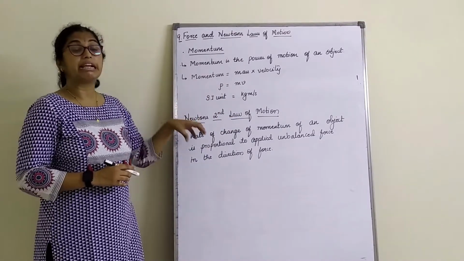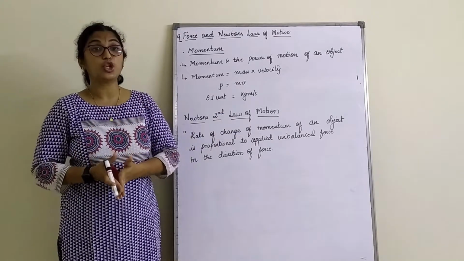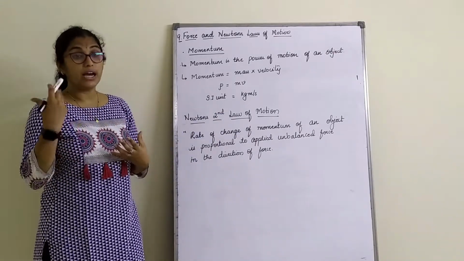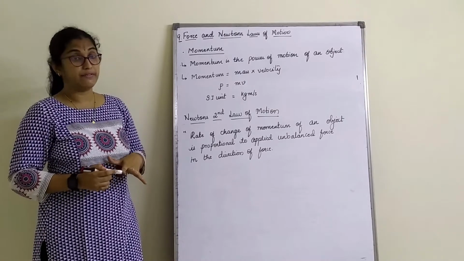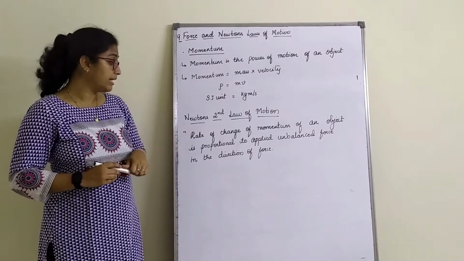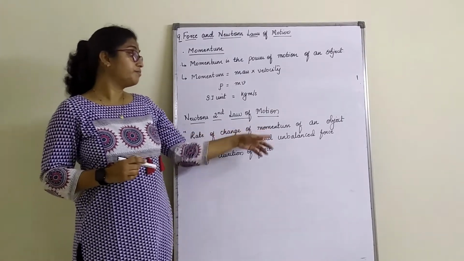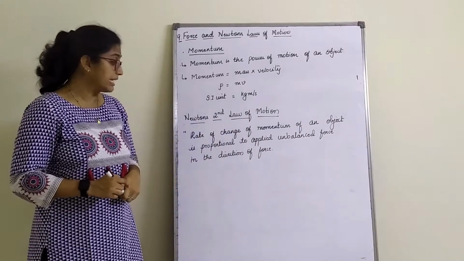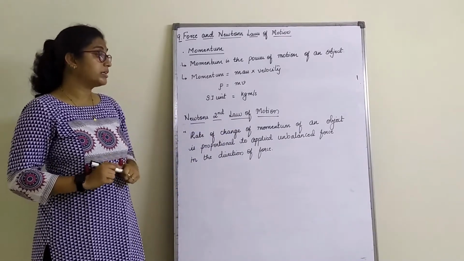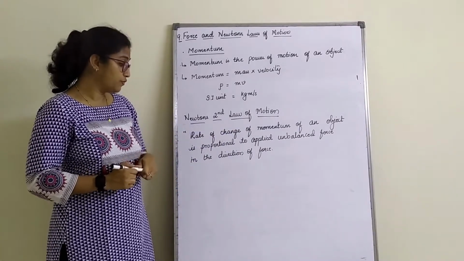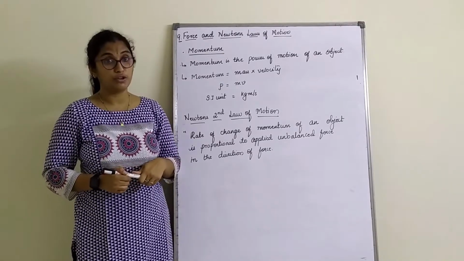Now, Newton's second law of motion is based on momentum. That is why we understood the concept of momentum first. What does the second law tell us? Rate of change of momentum of an object is proportional to the applied unbalanced force in the direction of force.